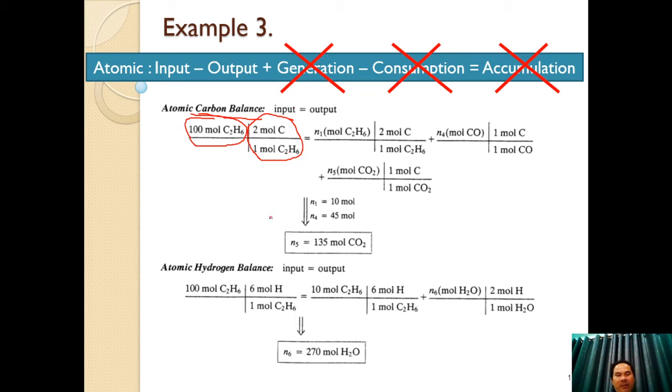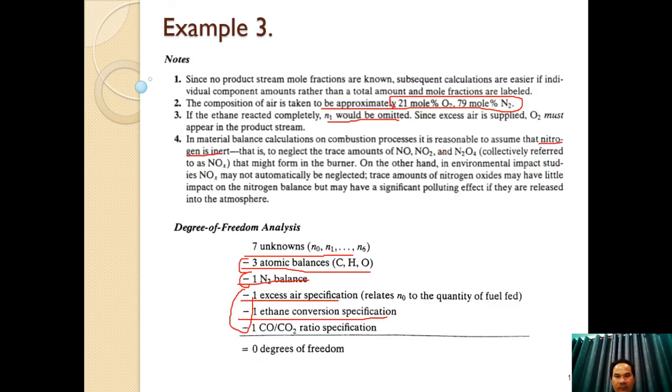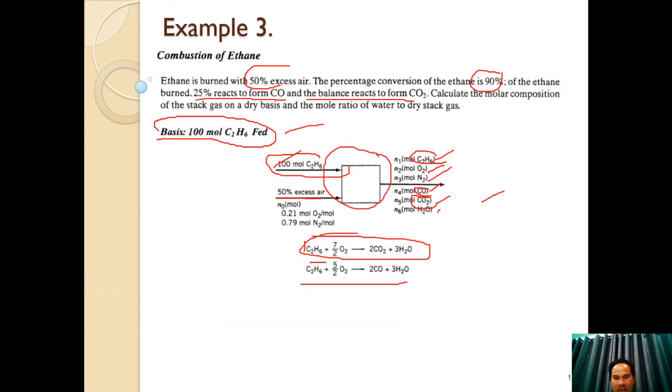Good, 2 mole carbon, but for this case, we feed 100 mole ethane. Okay, when ethane is cancelled, you get 200 mole carbon input. About output, we have 3 terms of output. Output in ethane is N1, N4 is CO and N5 is CO2.